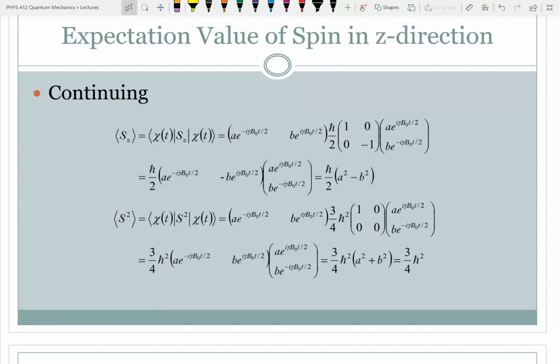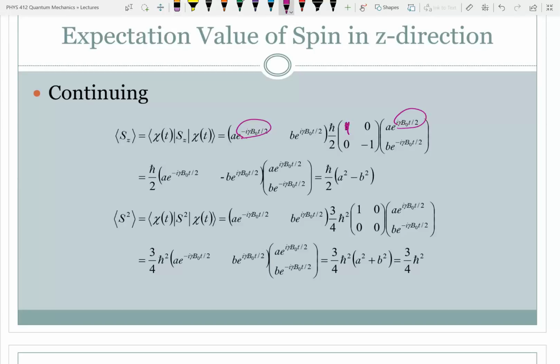I forgot to look at this as I was going through. The Sz value is going to be going through all the same work, but now with our diagonalized matrix, it's just going to be h bar over 2 times a squared minus b squared, because you're going to have one positive exponent, one negative exponent. You multiply them together, it's e to the 0, because of the position here.